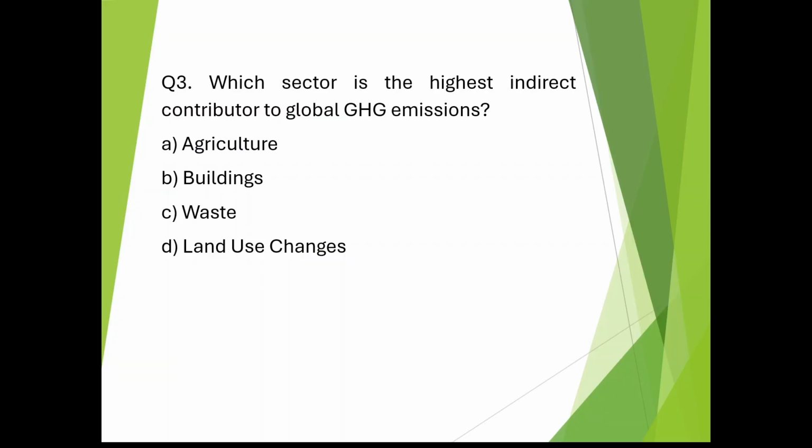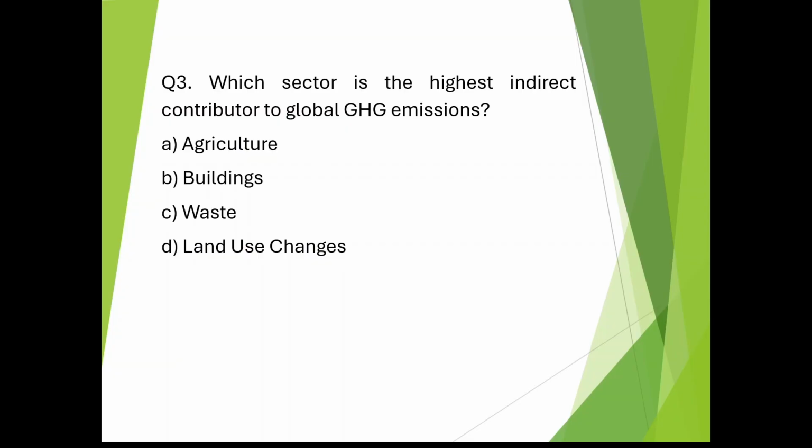Okay. So for this particular question, question number 3, the correct answer is option B. Out of the 4 options given here, the building sector is the highest indirect contributor to global greenhouse emissions, and it was discussed in slide 10 of lecture 1 of week 1.